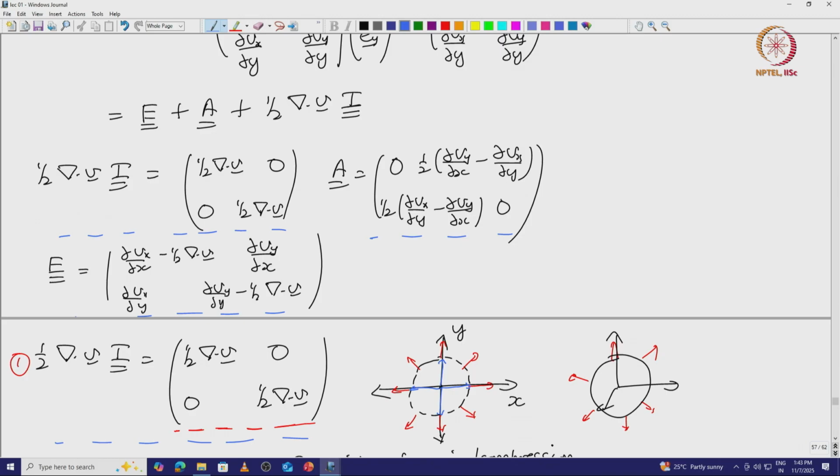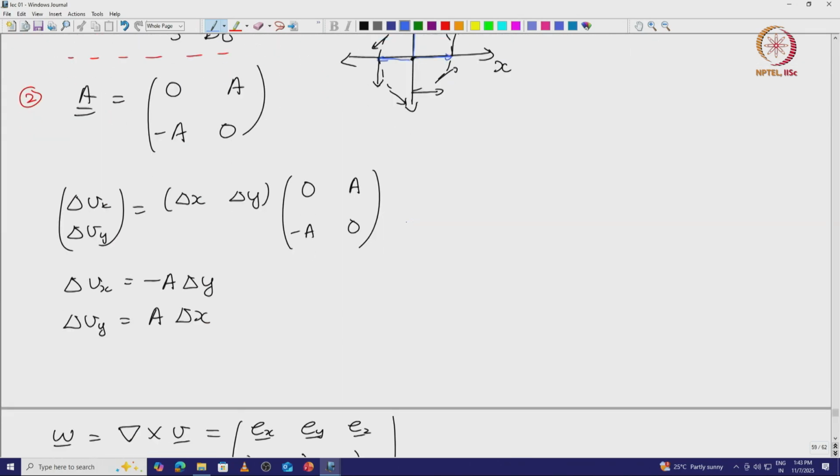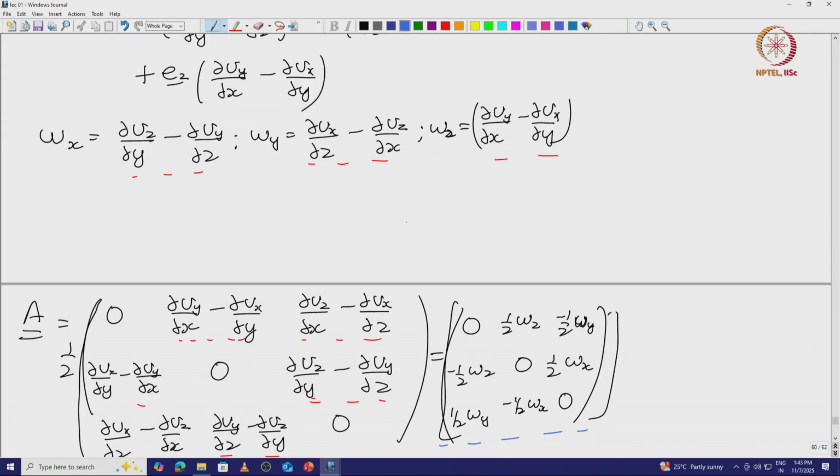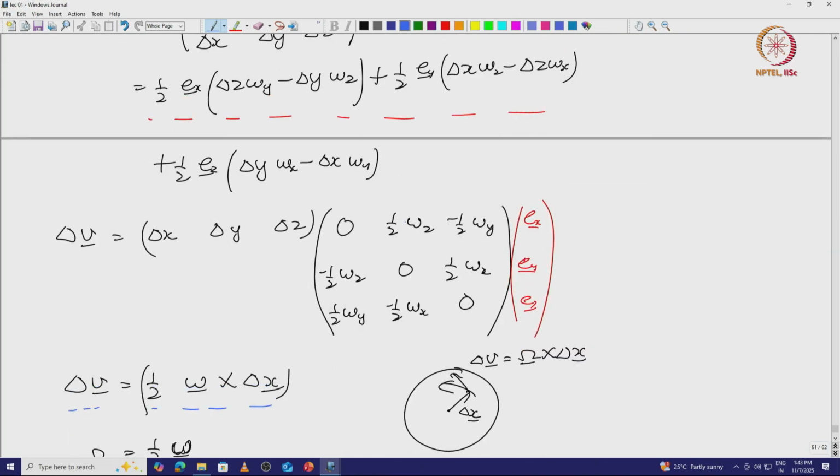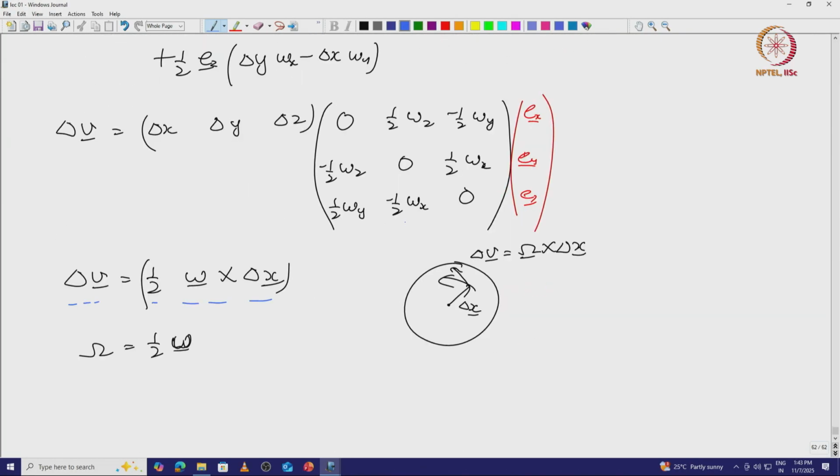For an incompressible flow, this component is equal to 0. The antisymmetric part represents solid body rotation. Its components are related to the components of the vorticity, which is the curl of the velocity, and it represents solid body rotation in which the angular velocity vector is equal to 1/2 of the vorticity.